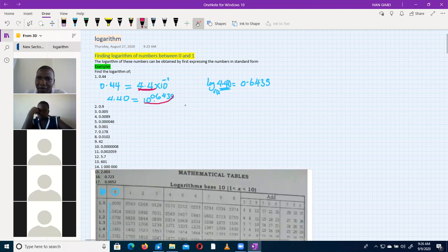So you end up with 0.44 being equivalent to, where there is 4.4, I'm putting 10 to the power of 0.6435, then times 10 to the power of -1. Do you see this? Where there is 4.4, I'm putting its equivalent, which is this one here.